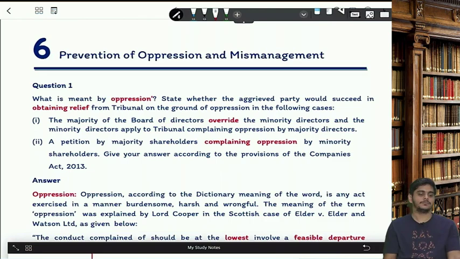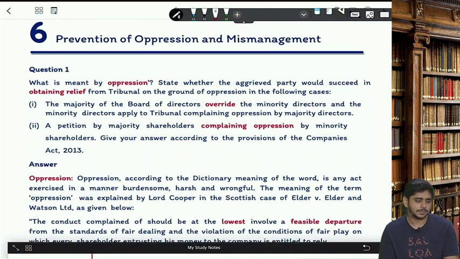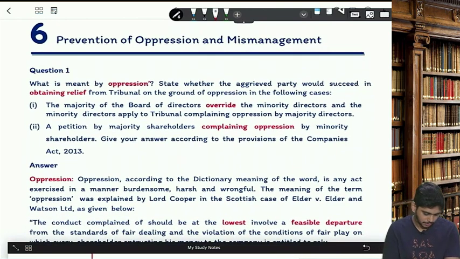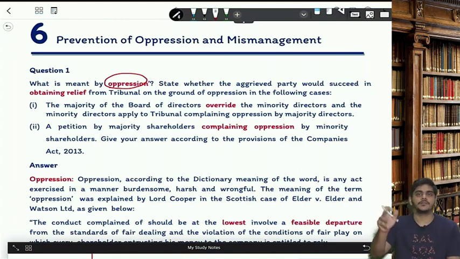Now, what does it say? What is meant by oppression? State whether the aggrieved party would succeed in obtaining relief from the tribunal on the ground of oppression in the following cases. So guys, we have already studied oppression is not defined in the Act. It means any wrongful, burdensome, harsh or wrong act.